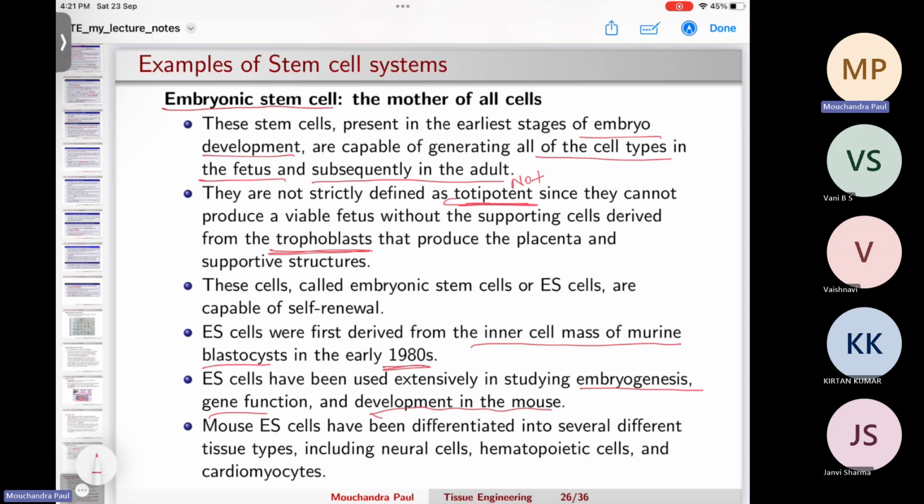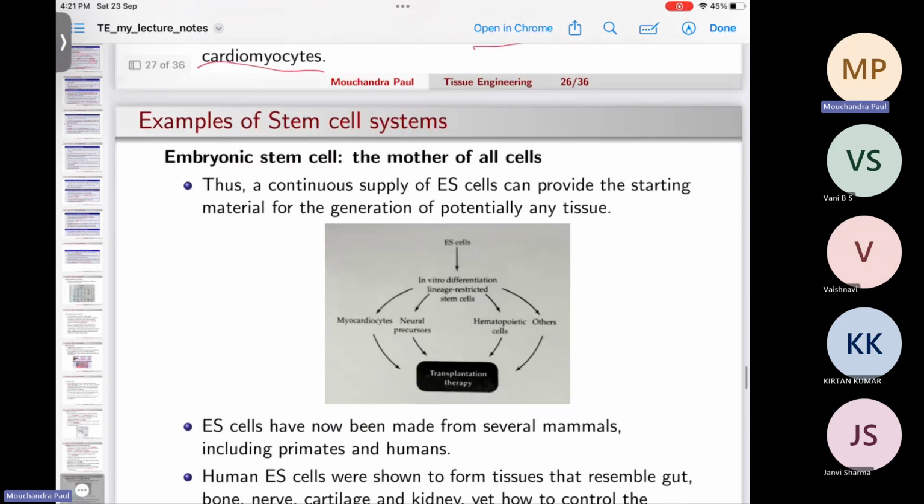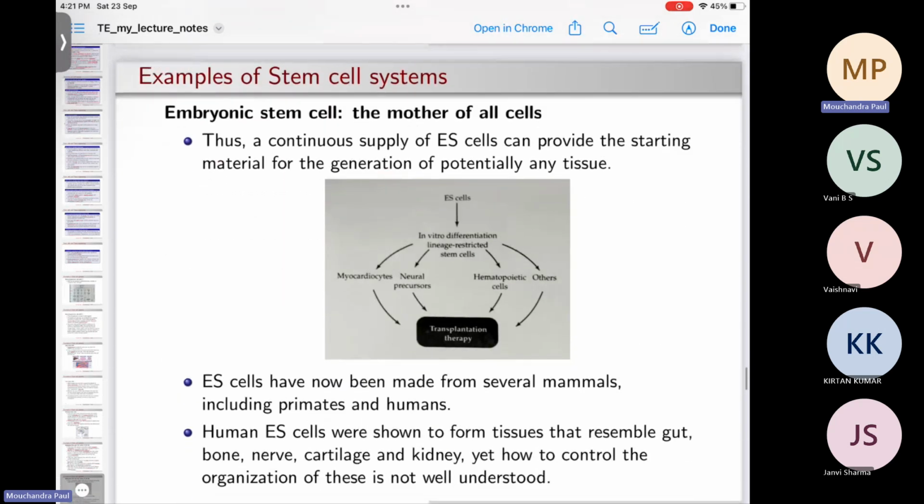People have also shown that these embryonic stem cells can be differentiated into multiple lineages, like neural cells, hematopoietic cells, cardiomyocytes, etc. And they have shown it in vitro as well. After proving the concept in the mice model, people have now isolated embryonic stem cells from primates and humans.